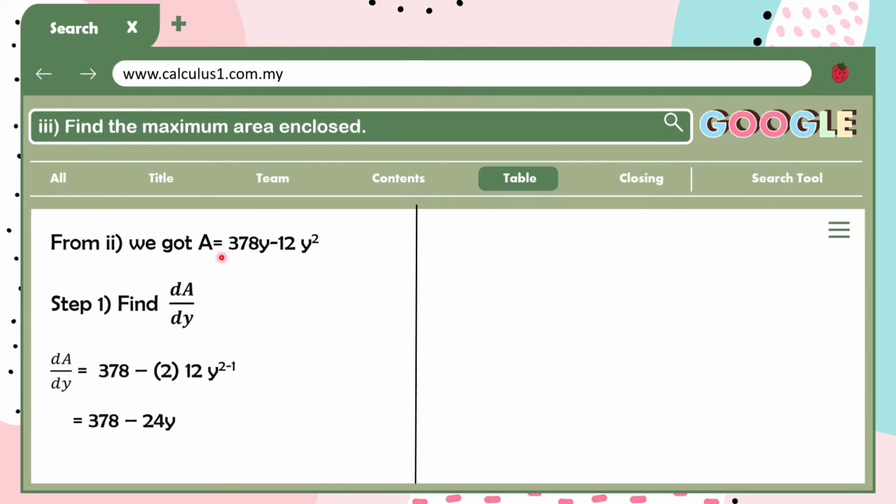When we differentiate 378y, we get 378. We keep the minus sign, bring the power 2 to the front, keep the constant, copy the bracket, and deduct 1 from the original power. We get 378 minus 24y, because we multiply 2 with 12, we get 24.